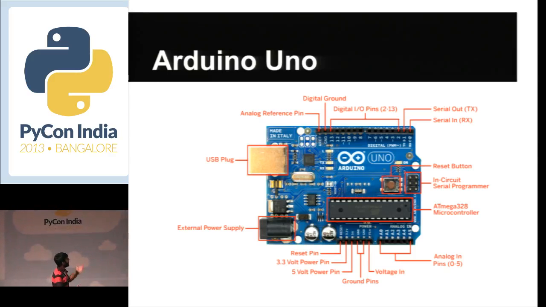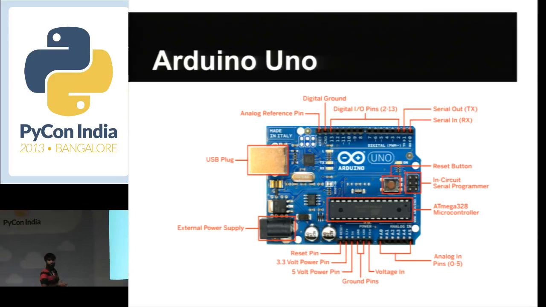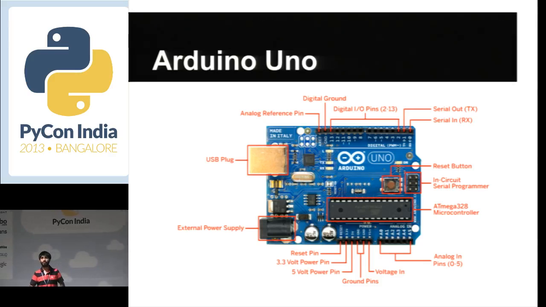Then we have the analog reference pin on the top left, which is basically a reference for analog voltages. You have a ground over there. Then you have about 14 digital input-output pins. These allow you to send digital data to the Arduino, or read or send digital data from the Arduino.